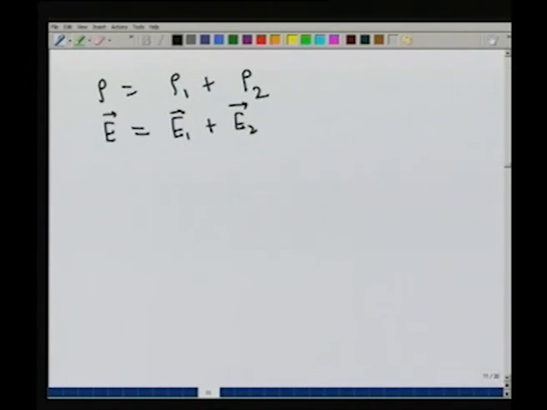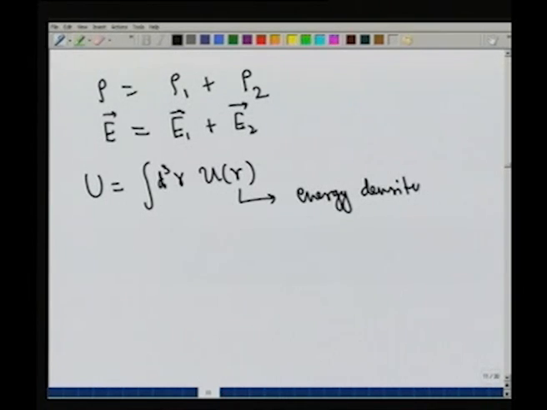I am writing my U in terms of E. Therefore, I write the total energy to be d cubed R, U of R. What is my U of r? This is my energy density. My U of r is nothing but epsilon naught by 2 mod E squared, which is nothing but epsilon naught by 2 mod E1 plus E2 whole squared.